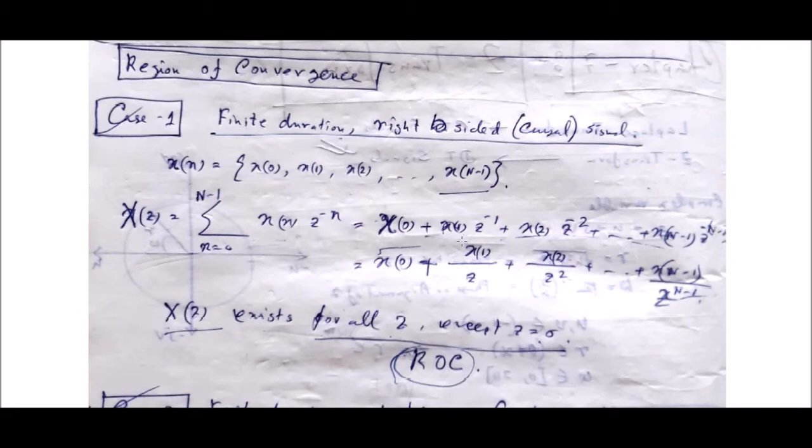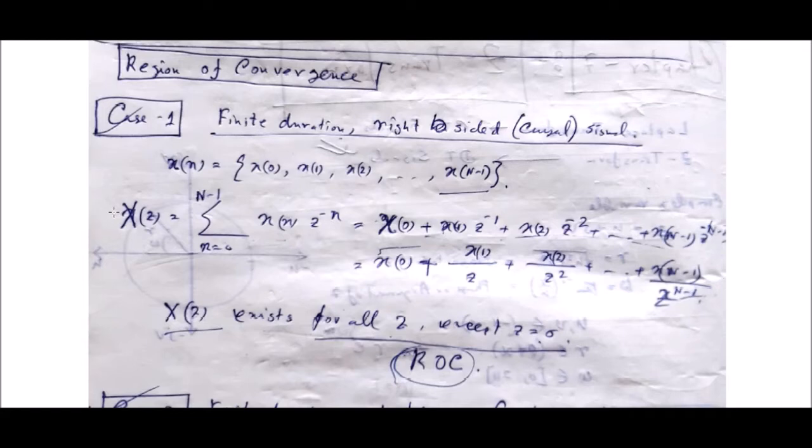So for simplicity, if you write all these terms this way, the first one will be x0, plus the second one x1 z to the power minus 1, which means x1 by z. Next one, z to the power minus 2 means 1 by z square, so x2 by z square, in this way. So all terms have been written in this way.